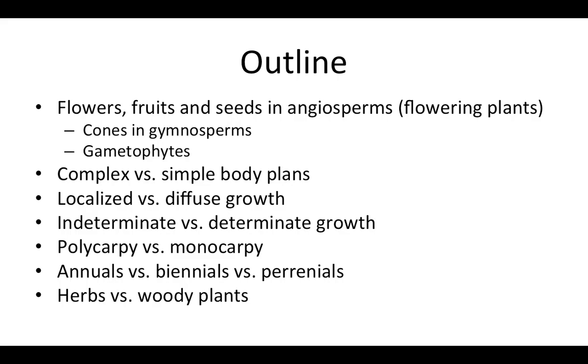We're going to talk about 3 different strategies of reproduction that are annuals, biennials, or perennials, and these refer to whether a plant lives for 1 year, 2 years, or more than 2 years. And we will end by contrasting herbs versus woody plants.